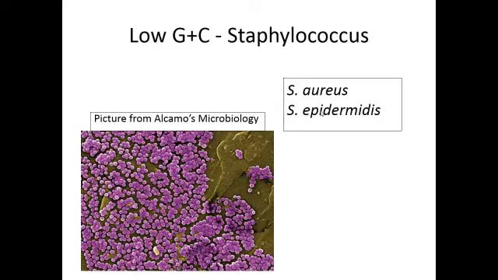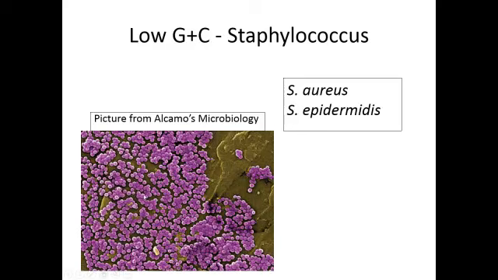Now the second example is Staphylococcus epidermidis, as you can tell from the name. It is the most commonly isolated bacterium from human skin, and it usually doesn't cause opportunistic infections, unlike Staph aureus. Usually, Staph epidermidis, when it's on the skin, is kind of a placeholder.